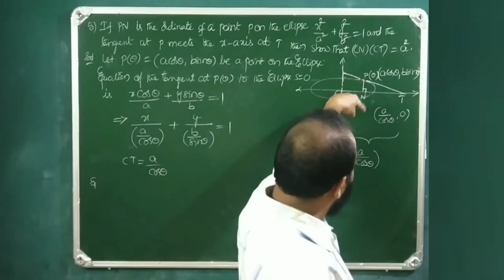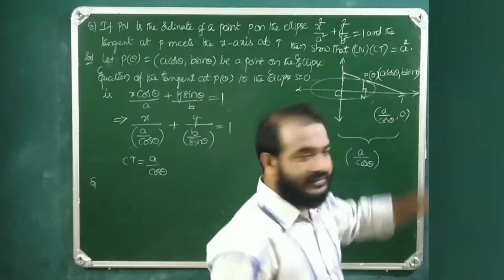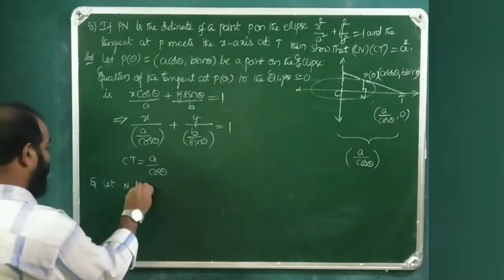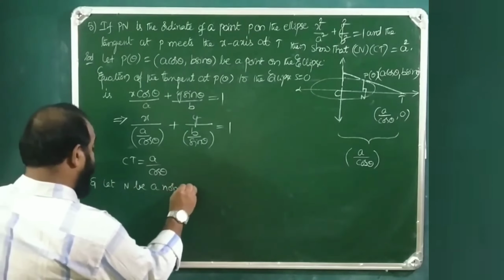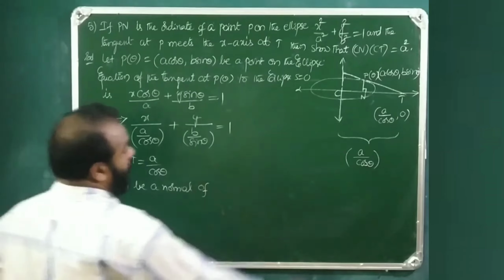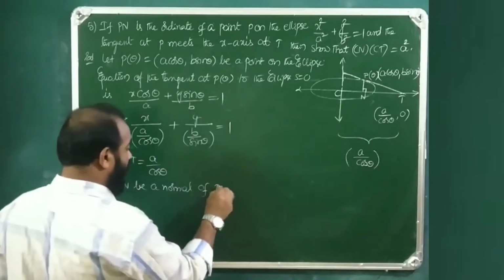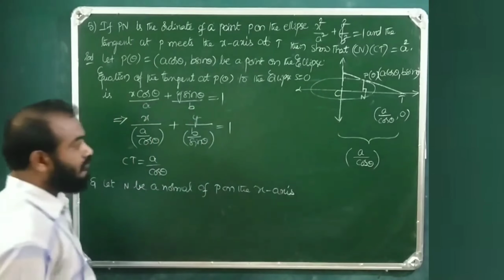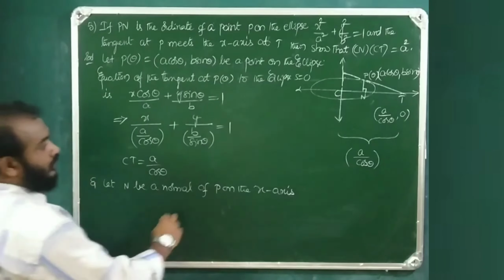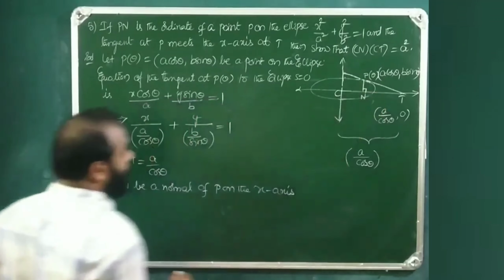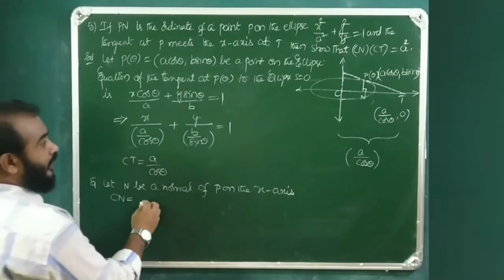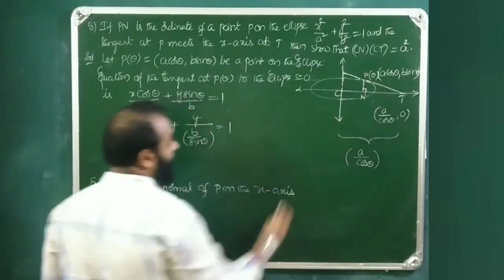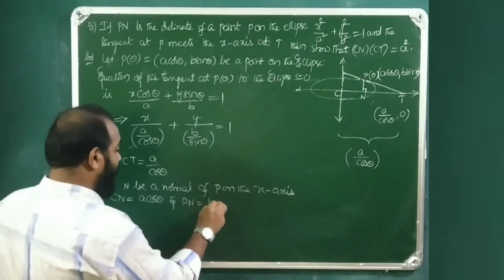From P I will draw a perpendicular onto the x-axis. Let n be the foot of the normal from P on the major axis, which is the x-axis. Then this Cn equals a cos theta and this Pn equals b sin theta.